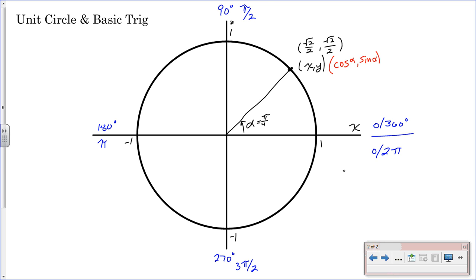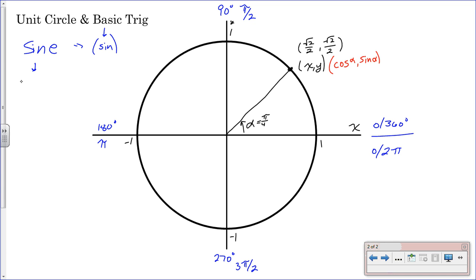All right. Now, the important thing to remember here is sine is your y value. All right, sine on the calculator, it's spelled sin. I still want you to pronounce it sine. I don't want you to say sin.